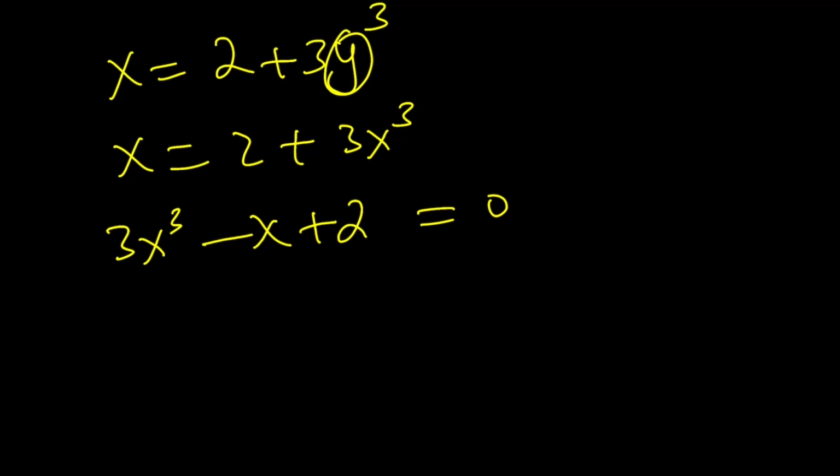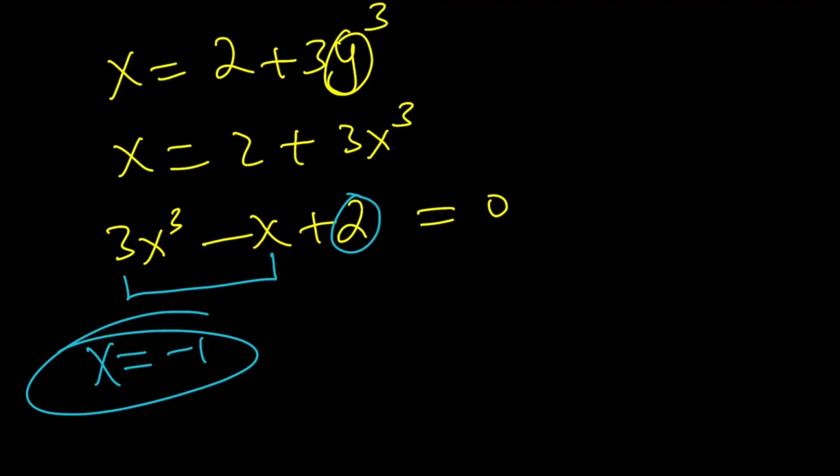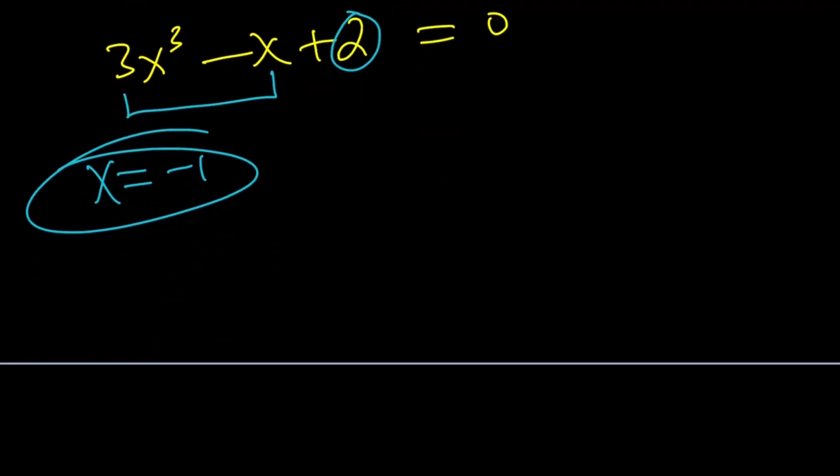Great. So what do you see here? I checked the sum of the coefficients. It's not 0. But when I check the odds, it's equal to the evens. Look at this: the sum of these two coefficients equals this one, which means x equals -1 is a solution. I can go ahead and factor this and find the other solutions if there are any. So let's write it as 3x cubed plus 3x squared minus 3x squared minus 3x.